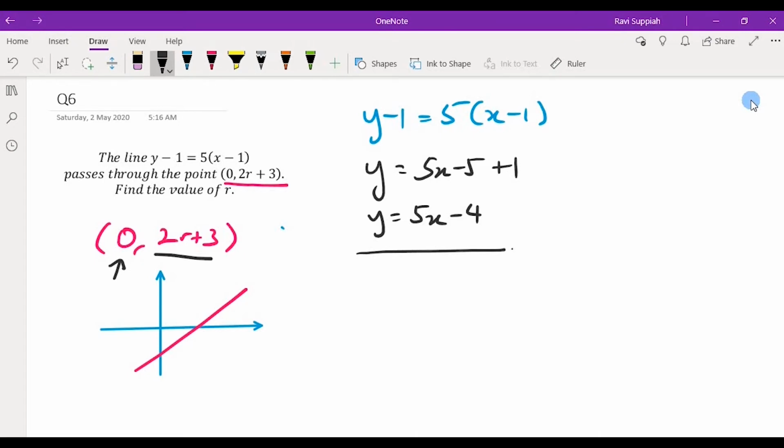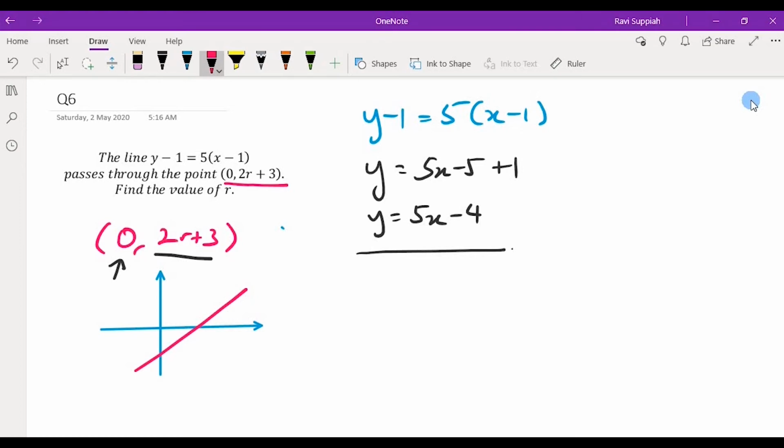For a straight line equation or any graph equation, if you say that there's a particular point on this line, it means that this point is a solution for this equation. So if I substitute x as 0, I'll get 2r plus 3. With that understanding, we can now go ahead to solve this question.